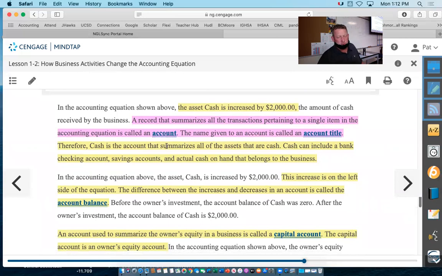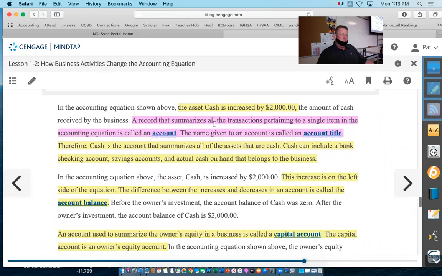I don't know why I didn't put a capital account balance as a red, but what is an account? It's a record that summarizes a bunch of different transactions pertaining to that particular single item in the accounting equation. The account has a title: cash, supplies, insurance, whatever the case may be.